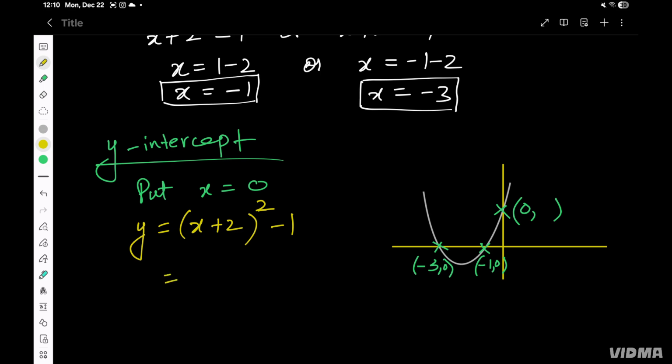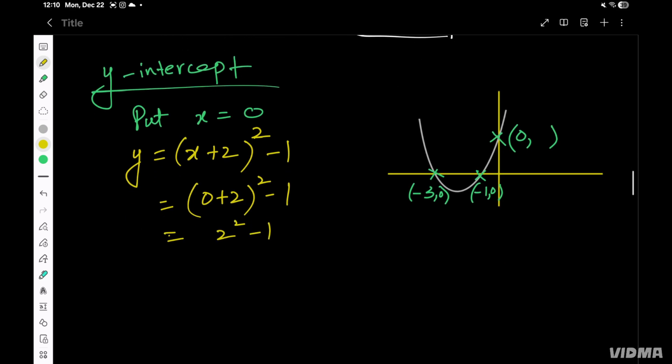I'm going to substitute x is equal to 0. So we have (0 plus 2) square minus 1. 4 minus 1, and that is 3. So our y coordinate is 3. (0, 3) is the point where your graph is passing through the y-axis.